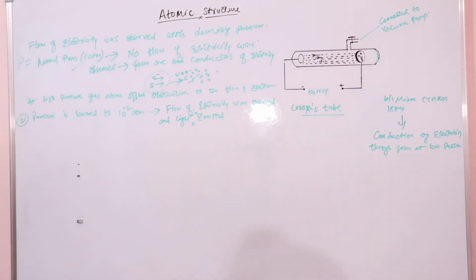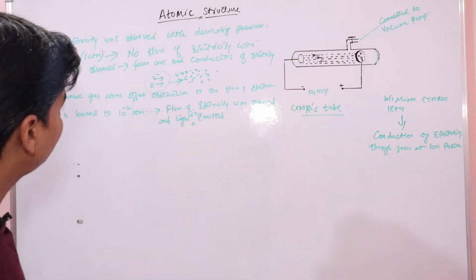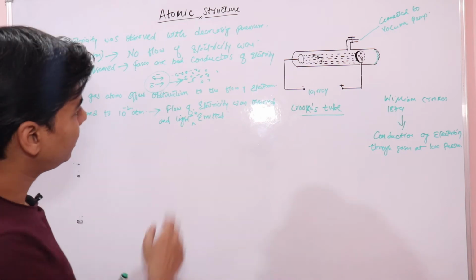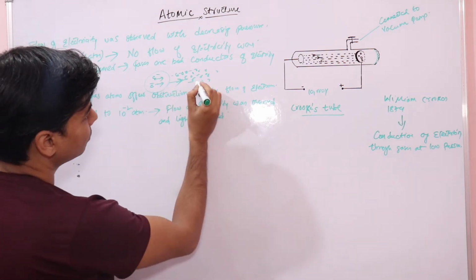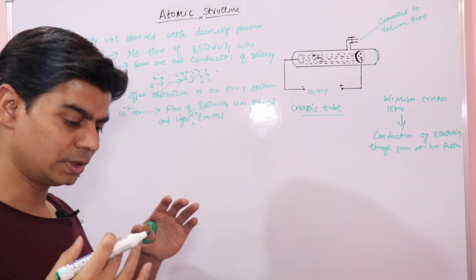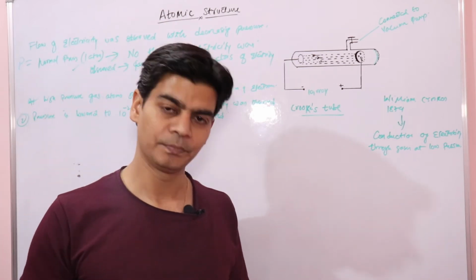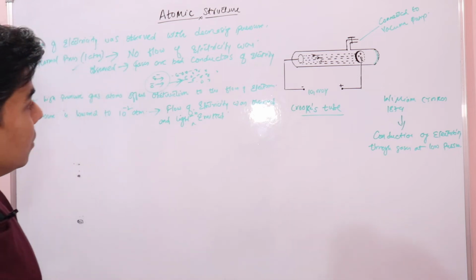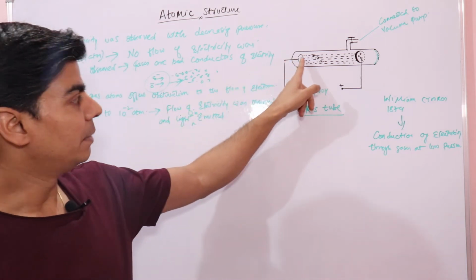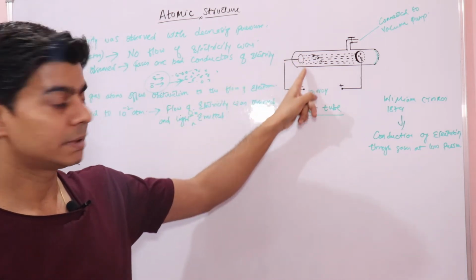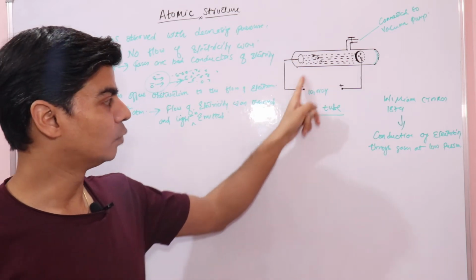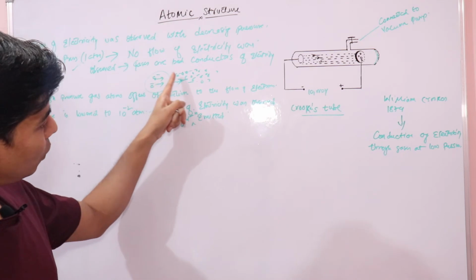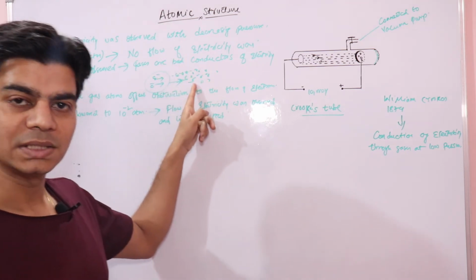If you try to understand from this point, when the quantity of gaseous atoms was high inside the discharge tube, the electrons that were emitted from the material of the cathode on applying high voltage were colliding with these gaseous atoms.